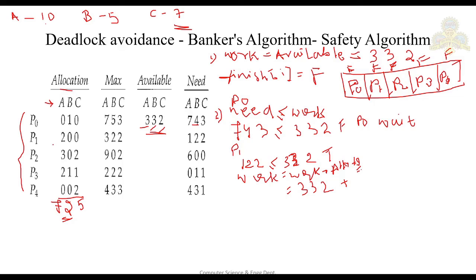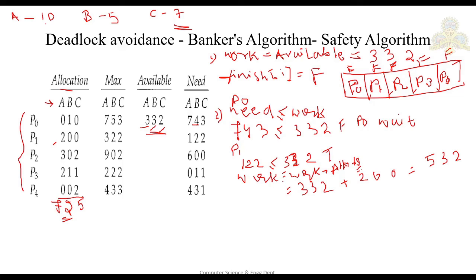Allocation of P1 is 200. So 200. What is the total? The new value of work would be 332 plus 200, that becomes 532.